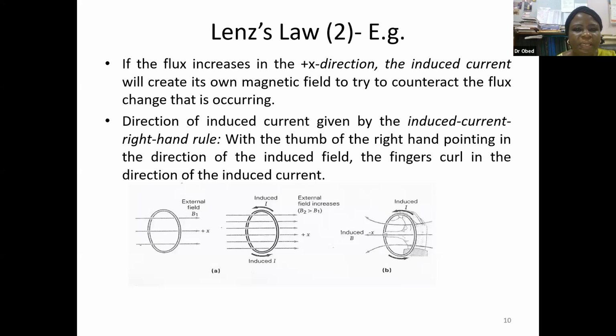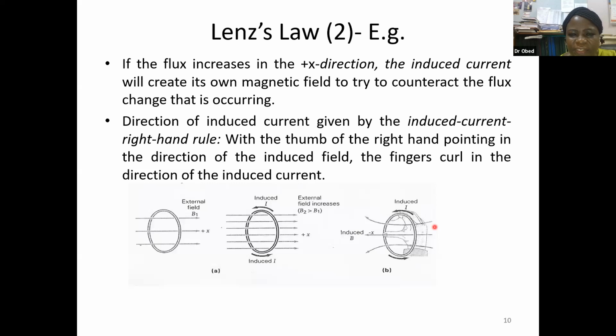So for example, if the flux increases in the positive X direction, as you can see in the diagram below, the induced current will create its own magnetic field to try to counteract the flux change that is occurring. And how does that happen? The direction of the induced current is given by the induced current right-hand rule.